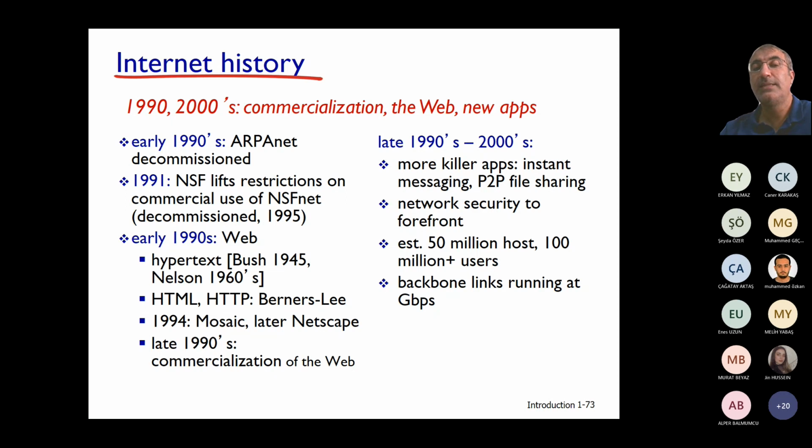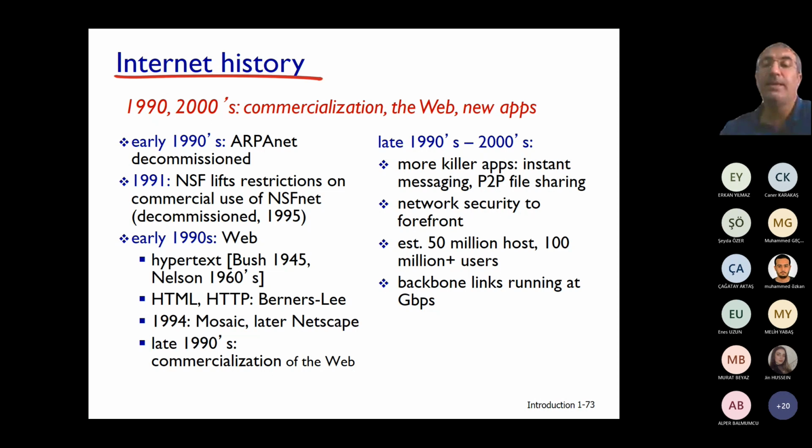Then in the early 90s, in parallel, the World Wide Web started to develop, with HTML, HTTP, and the browser. At this time we used Netscape. I don't know, you guys probably don't remember.